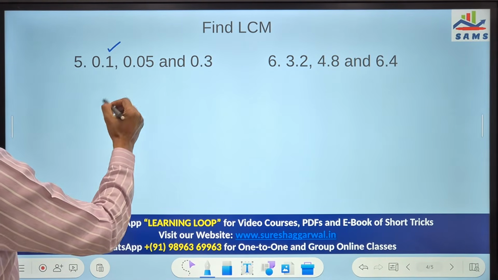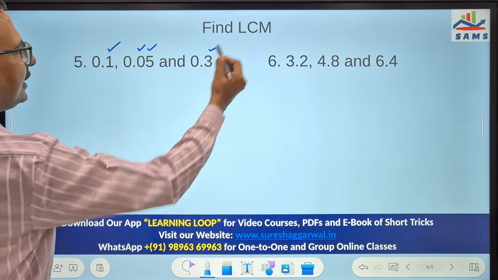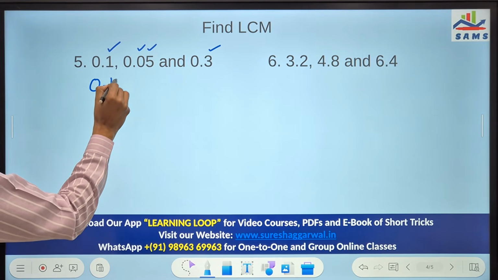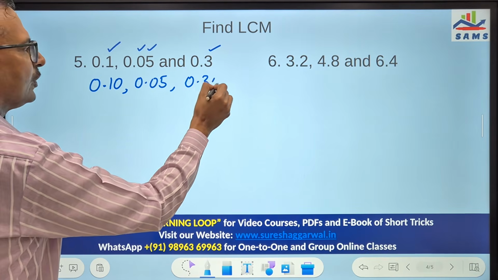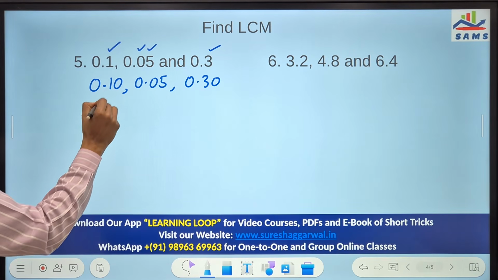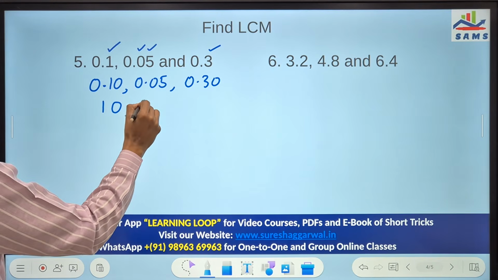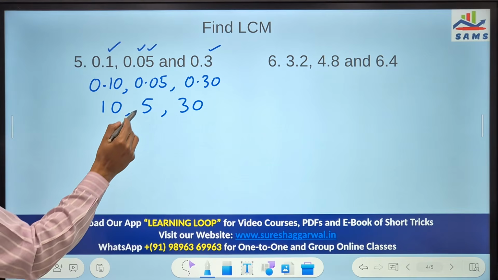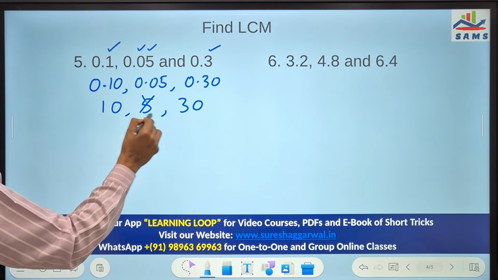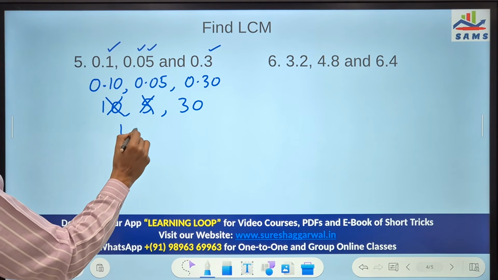One decimal place, 2 here and 1 here. So let's write 0.10, 0.05 and 0.30. Now forget the decimal. This is 010, 10. This is 005, 5 and this is 030, 30. Now 5 divides 30, 10 divides 30, so cancel both of them. LCM is 30.